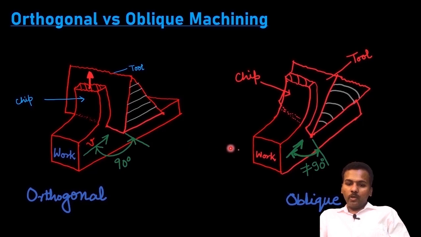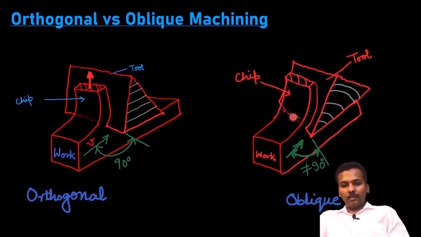Now come to the oblique machining process. Here the angle between the relative velocity of the workpiece and tool and the cutting edge is other than 90 degrees. That is why there will be a third force component normal to this plane, the screen.